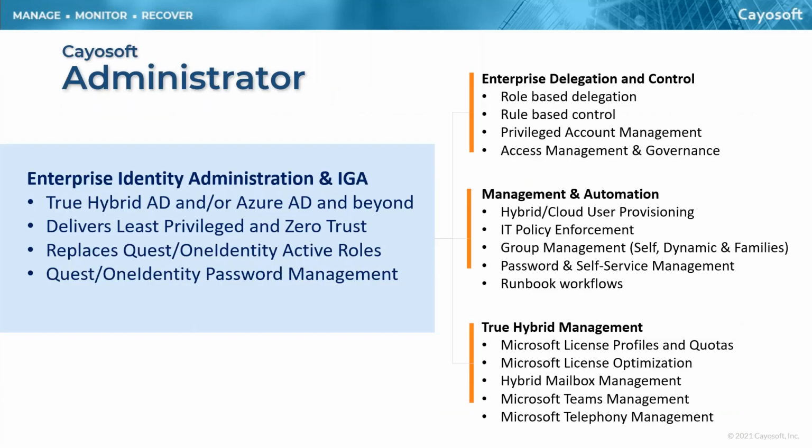Cayosoft Administrator is our administration tool. This is our roles and rules solution that allows you to have an enterprise identity administration solution or identity governance administration solution that is truly hybrid, meaning it manages both AD and Azure AD and a bunch of other things like Teams and Office 365 groups and Office 365 licensing, with a least privilege model at its core.